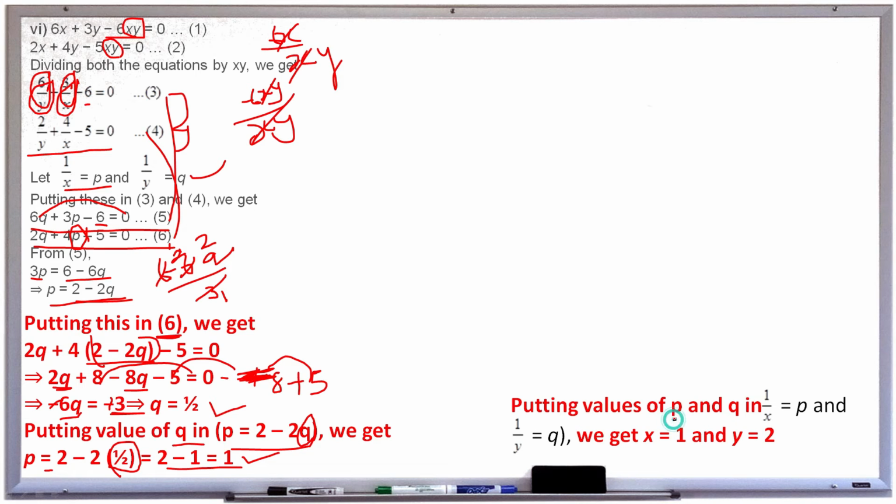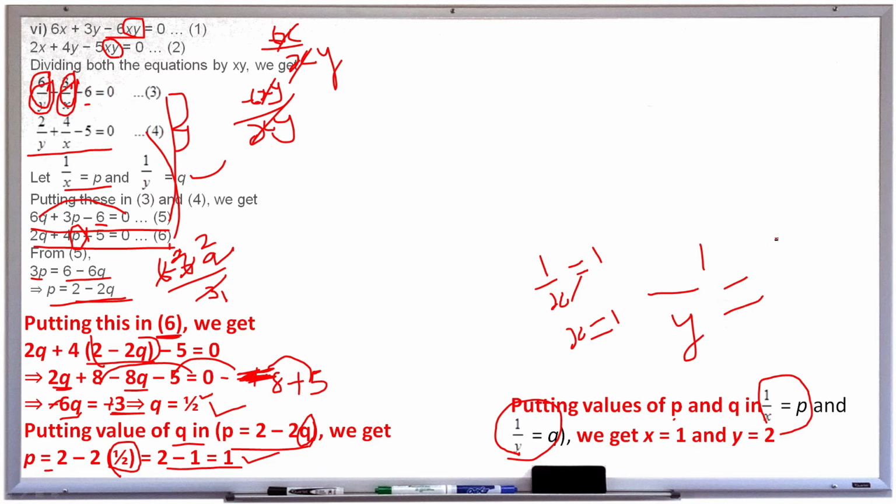Putting value p and q in 1 by x is equal to p, p is equal to 1, so cross multiplying, x is equal to 1. Similarly 1 by y is equal to q, q we got 1 by 2, so 1 by y is equal to 1 by 2.